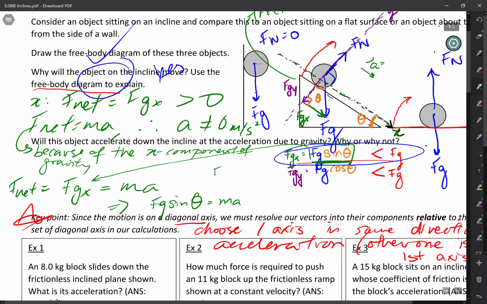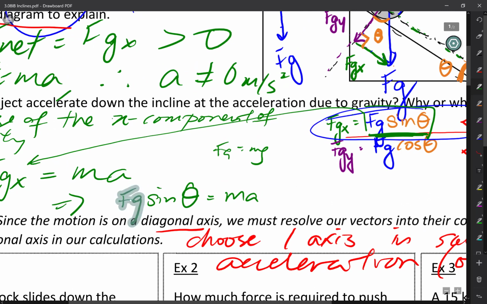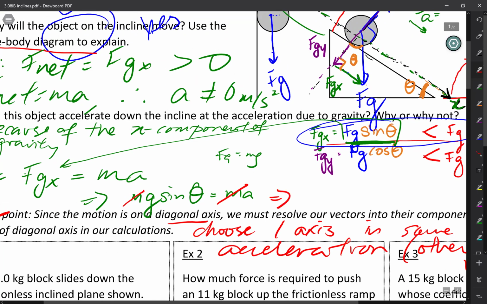I'll write a note over here: FG equals mg. Therefore, instead of FG, this is mg. Now notice that my mass cancels out. This gives me acceleration equal to gravity times sine of theta.